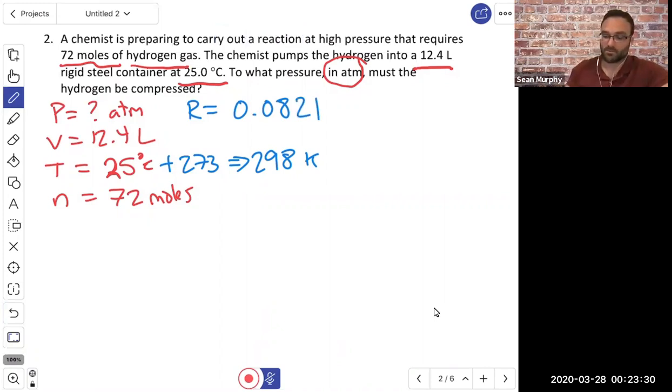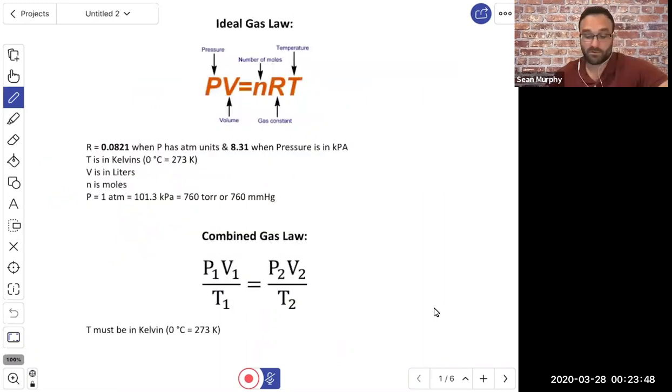All right, so let's set up our formula. We have P in atmospheres, P times V, our volume is 12.4 liters. Just a reminder, this formula for ideal gas laws is very temperature dependent. The volume has to be in liters.